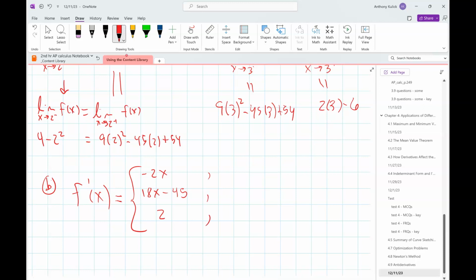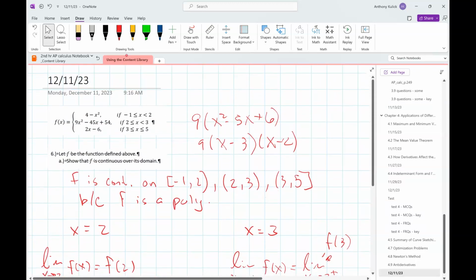But I have to worry about the domain now. I know that I can't have a one-sided limit and take the derivative there, right? So the negative 1 and the 5, that was the start and the end of my interval, I know automatically are going to be open when I take the derivative.